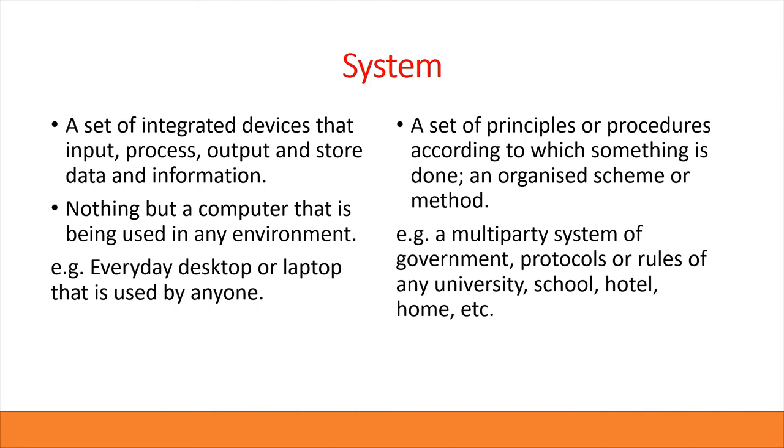Those are the principles or rules and regulations followed in that particular organization, university, or, for example, household, and I say that this particular system is followed there. I think you get the concept, right?